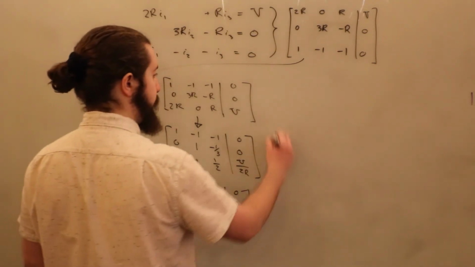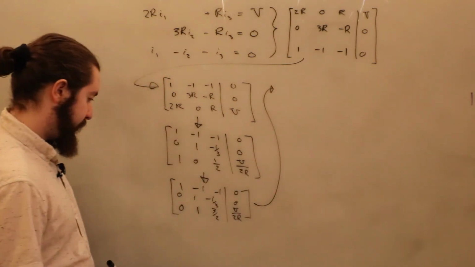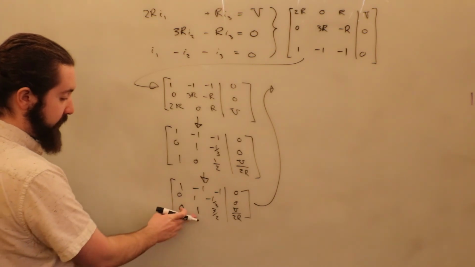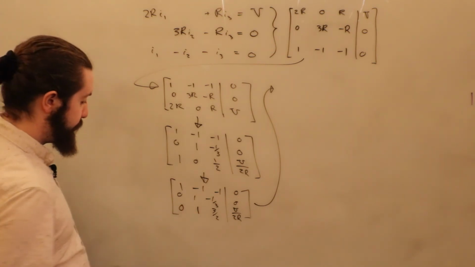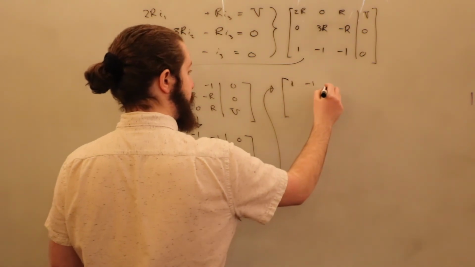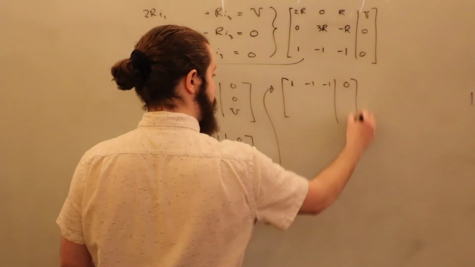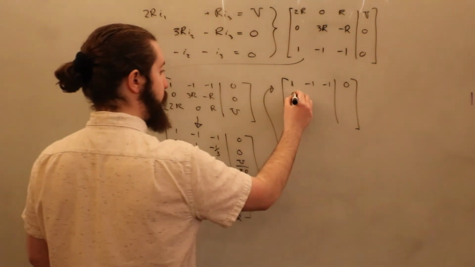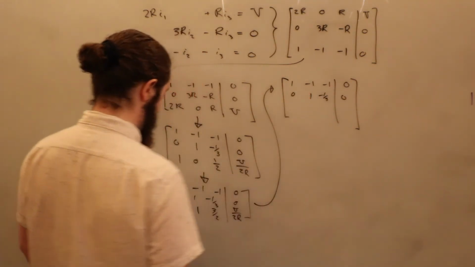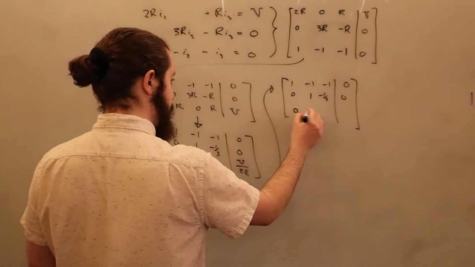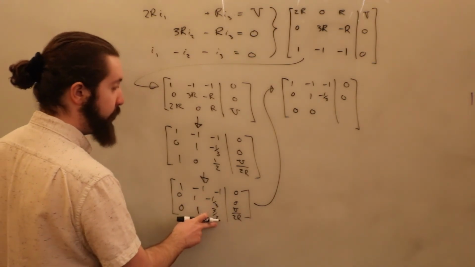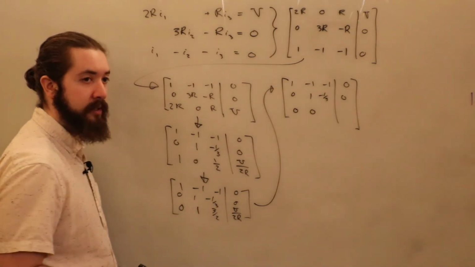All right. What next? How about we take the negative of row 2 and add it to row 3 so that we can get rid of this 1 down here. All right, if we do that, what will we have? We will have 0, 0, and then we will have positive 1/3 plus 3/2.